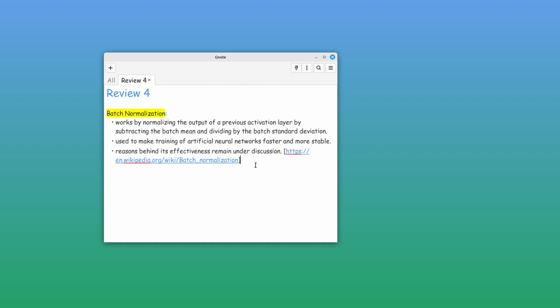So apparently, people all agree that batch norm seems to work. It makes training easier and faster and more stable, but nobody can quite put their finger on why or how it does it.